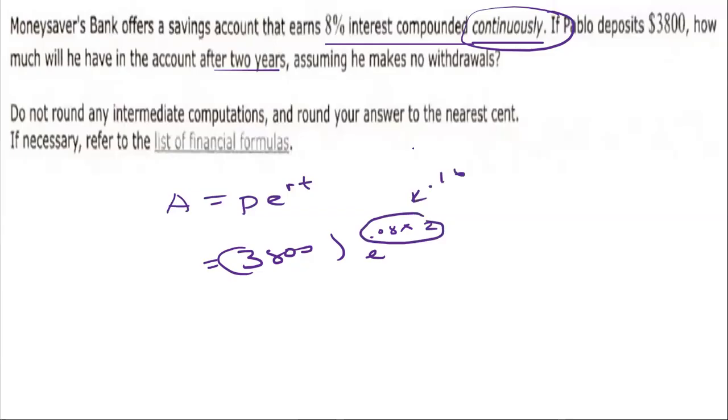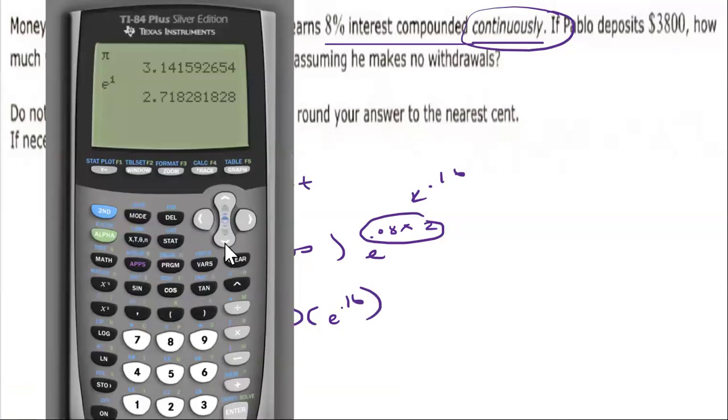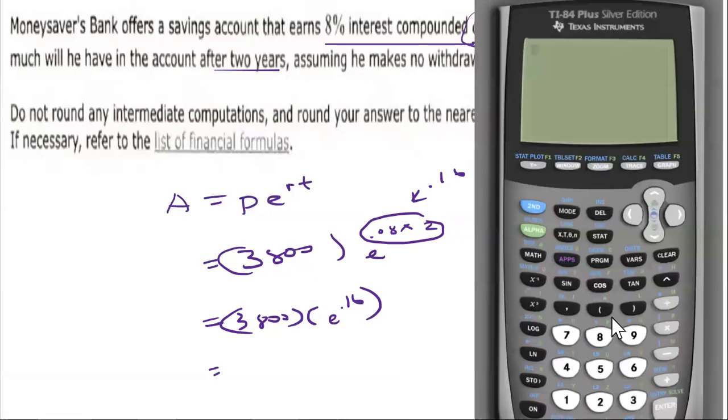Okay. So this little spot here is going to give us 0.16. Okay. So we just take $3,800, multiply that by 0.16. Okay. And actually, no, I take it back. There's an E there. So it's E raised to the 0.16. There we go. Okay. So again, I need to do my order of operations when I do this. If I don't follow this, then it's going to mark it wrong. So we're going to use second E and raise that to 0.16.